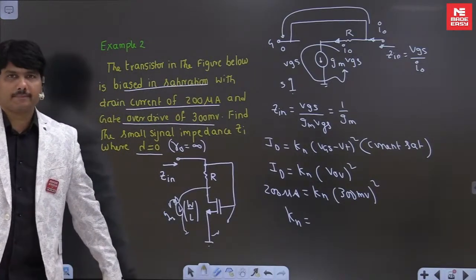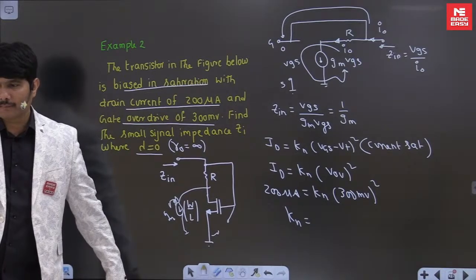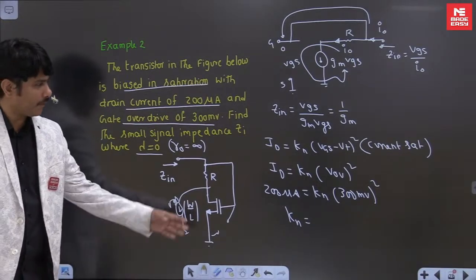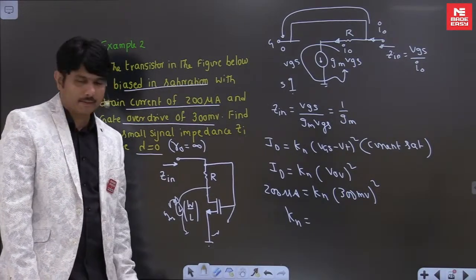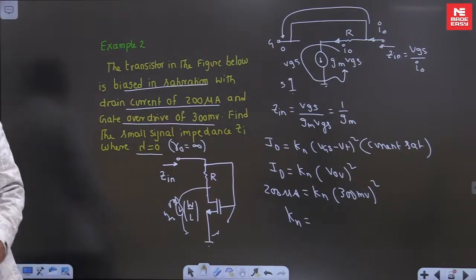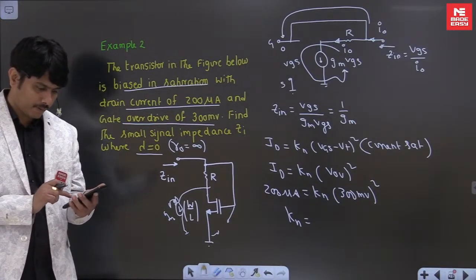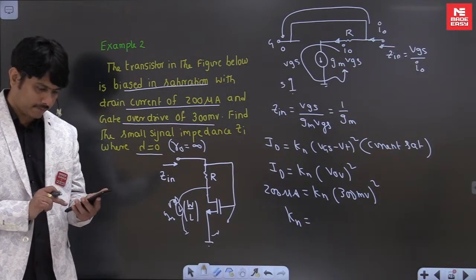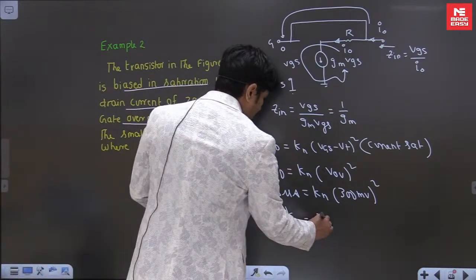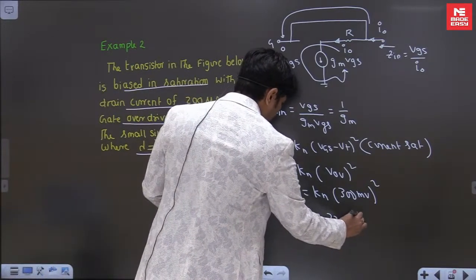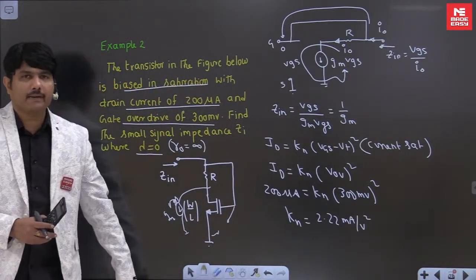With this you will get the Kn value, correct? So after getting Kn, it is 2 by 900. If you do 2 by 900, it comes to around 2.22 milliampere per volt square. This is the unit for Kn. Okay, Kn value you got.